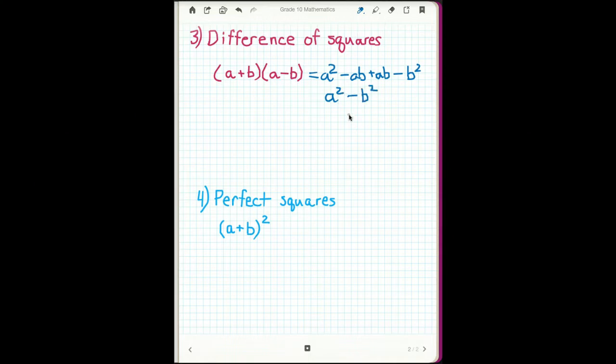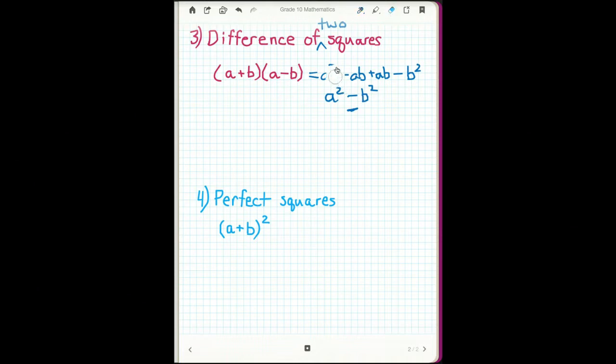And here's your difference of squares. It's a difference because it's subtracted. That's what difference means. It's the answer when you subtract. And I have two squares, a squared and b squared. So we could even put in here, it's the difference of two squares, a squared and b squared.